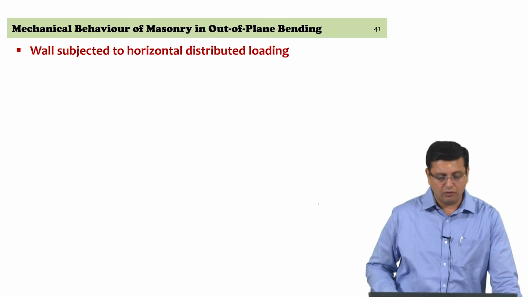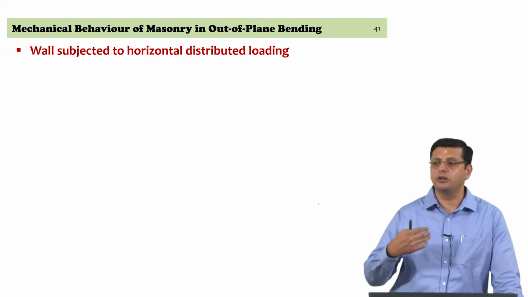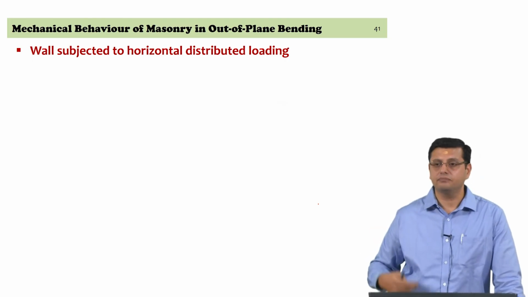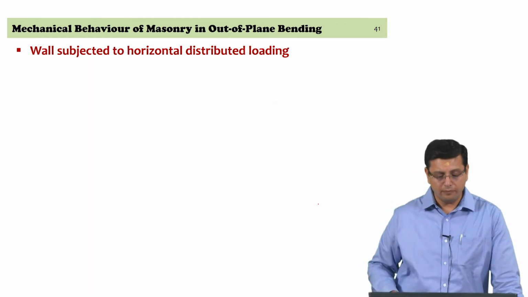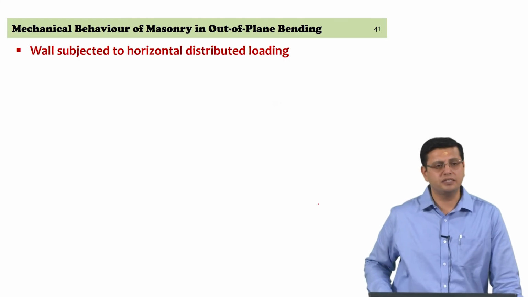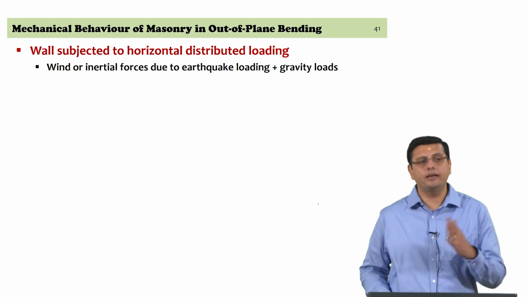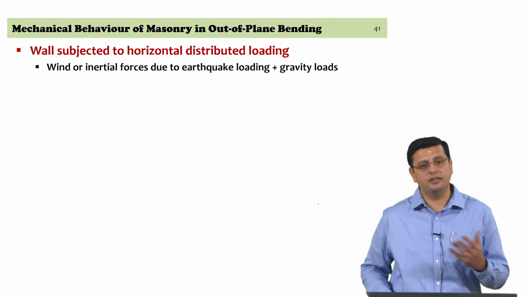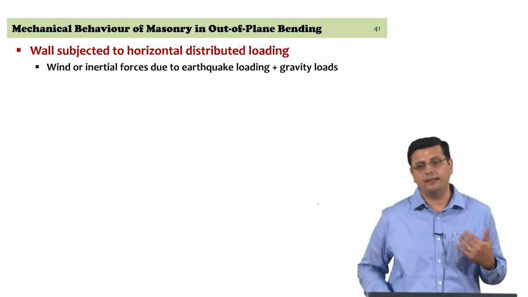Okay. Now, assuming we are looking at the wall subjected to horizontal distributed loading. So, now the load is actually acting laterally on the wall, and we can examine typically distributed conditions because we are interested in looking at the behavior of the masonry wall when subjected to either inertial forces generated due to an earthquake, and that is distributed load.